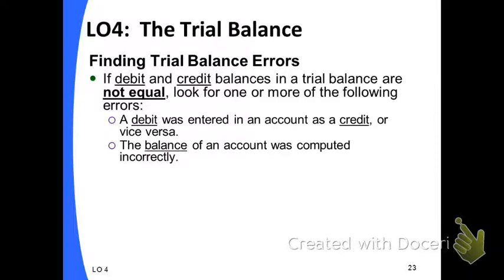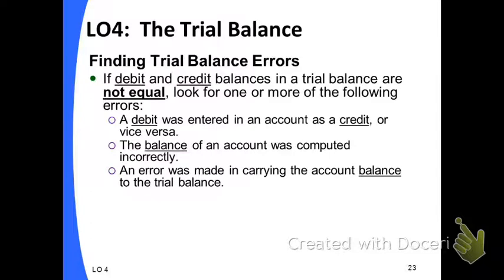Another type of error is the balance of an account is computed incorrectly, so you just add up incorrectly or subtract incorrectly. An error is made in carrying the account balance from the ledger to the trial balance, so you double check that and make sure you brought all the correct balances in.